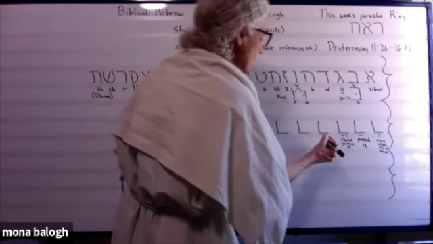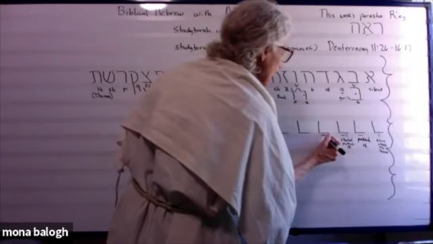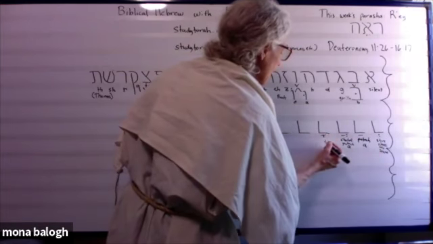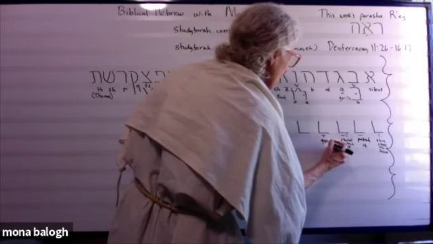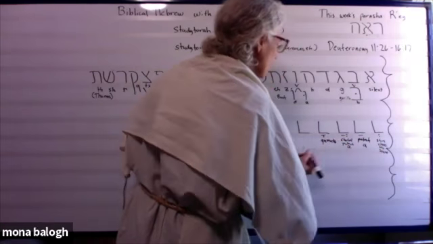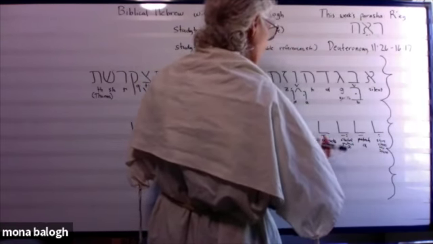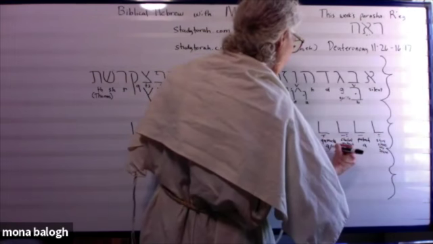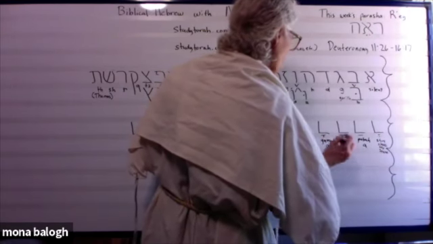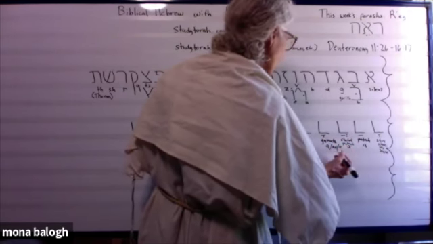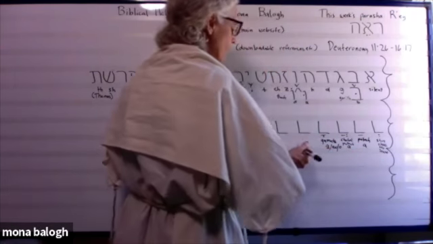Next is what looks like a big T, called a kamatz. Okay, and it has that sound ah. But it can also have the sound o. But most of the time, it's going to be just the ah.